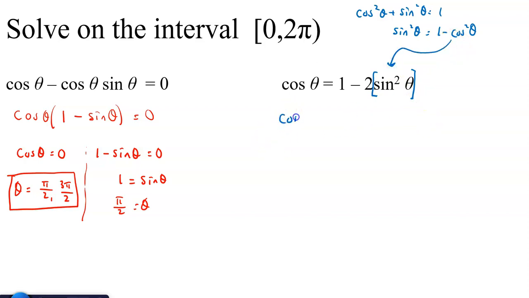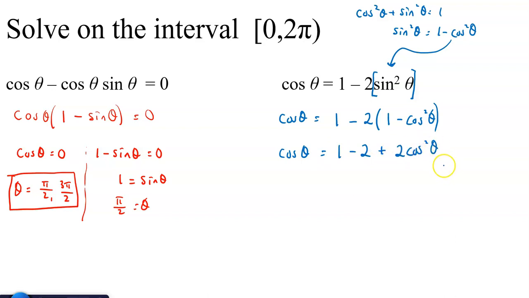So I get cosine theta equals 1 minus 2 times 1 minus cosine squared theta. All right, so this gives me cosine theta equals 1 minus 2 plus 2 cosine squared theta.